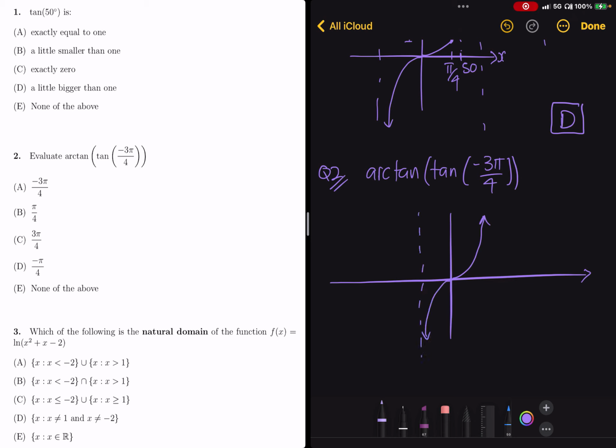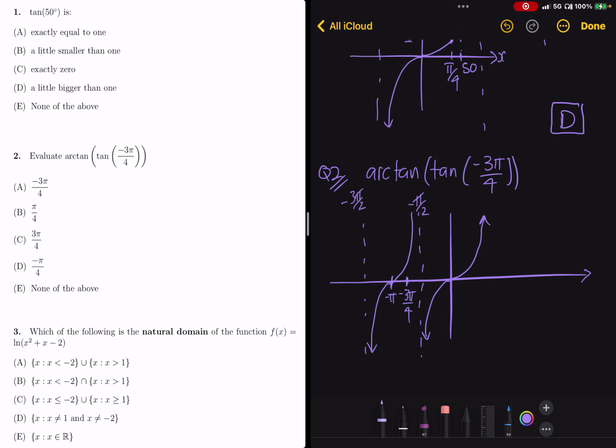This is minus pi on 2, and it goes down here, down here. This is minus 3 pi on 2. So minus 3 pi on 4, this is minus pi, is halfway between minus pi and minus pi on 2. This is minus 3 pi on 4.